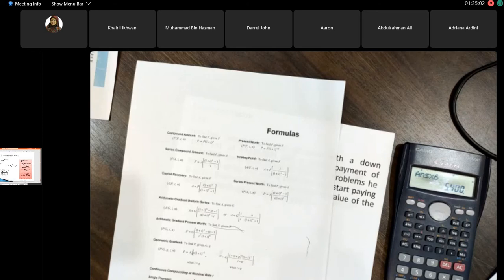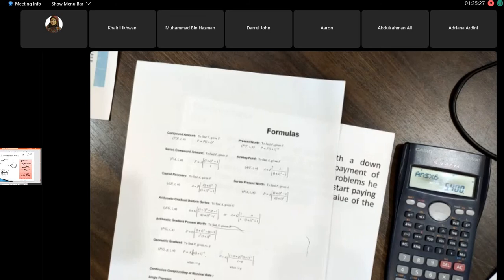Ataupun yang atas ni. Okay, I like yang ni lah. A equal to P i, A P i. A equal to P i. Because when you convert this one, only i yang tertinggal. A equal to P i. This is for the capitalized cost. The n is infinity.